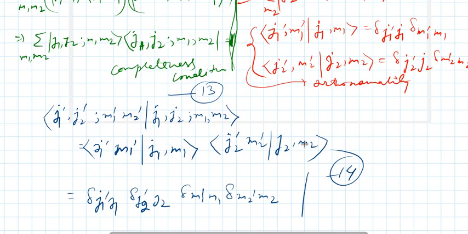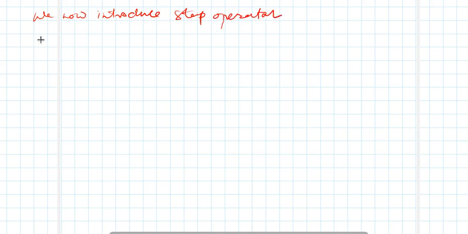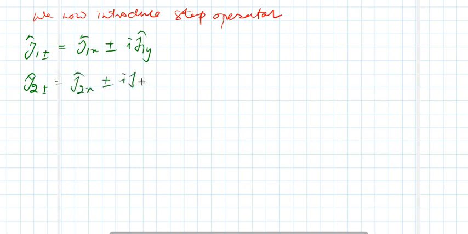So let us now introduce the step operator. It can be introduced as J1 plus minus is equal to J1x plus minus i J1y, and J2 plus minus is equal to J2x plus minus i J2y.